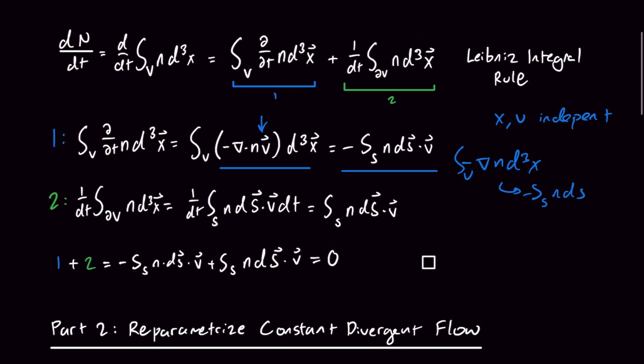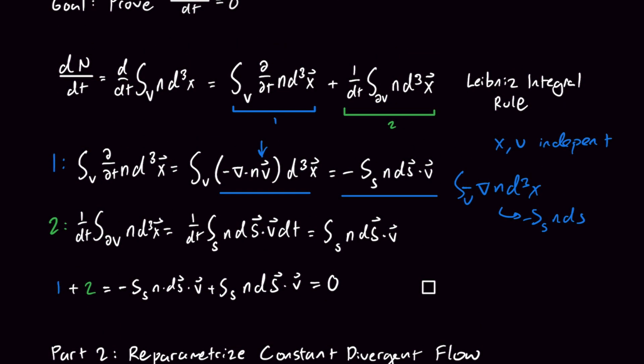Okay, so after that, we want to take the second integral for this term. Over here, we have 1 over dt, integral of v n d3x. This is integrating over a differential term, meaning that this is looking at the change in the surface.